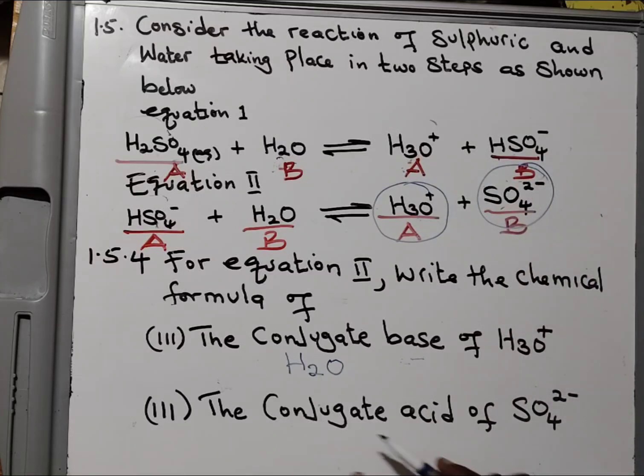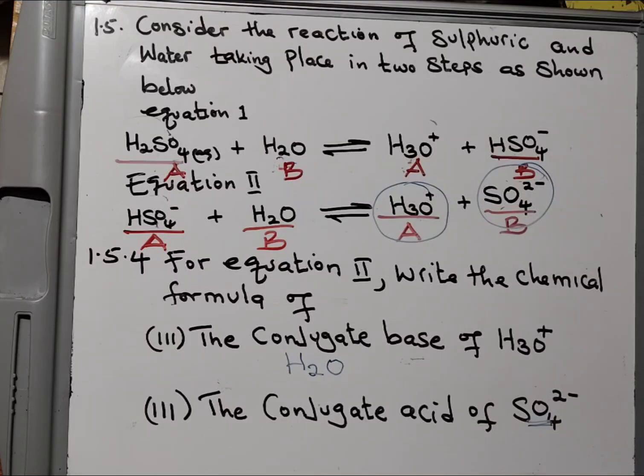So when they say write the formula of the conjugate acid of this, it means that whatever we are dealing with here is a base. And remember, the difference between a conjugate acid and its base is one proton, which an acid is having.